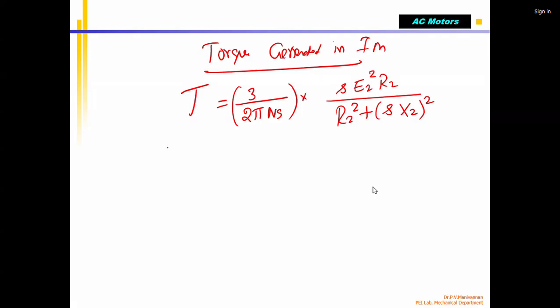Where S is called the slip. It will vary from 0 to 1.